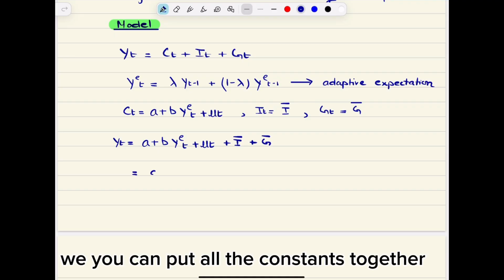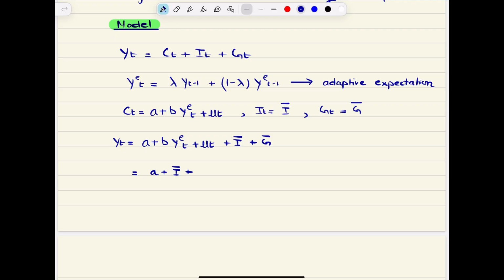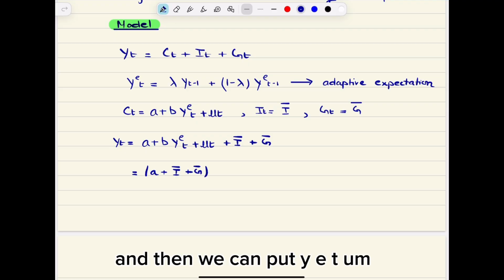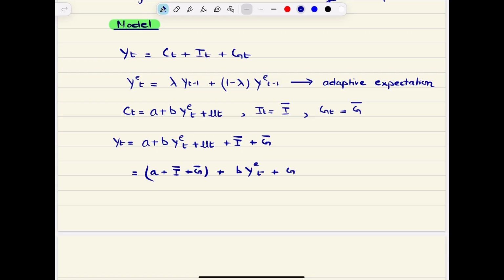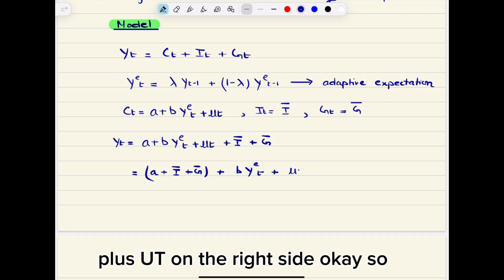We can put all the constants together, and then we can put Y^e_t plus u_t on the right side.